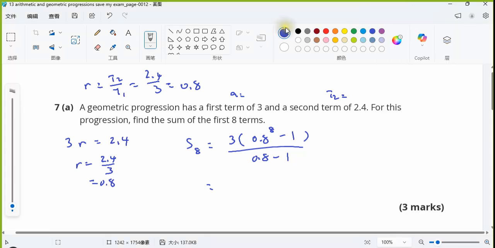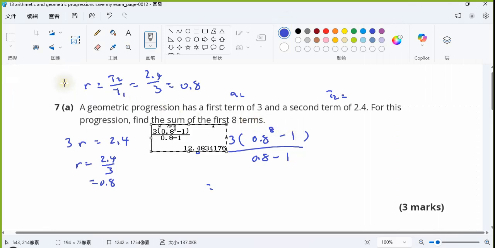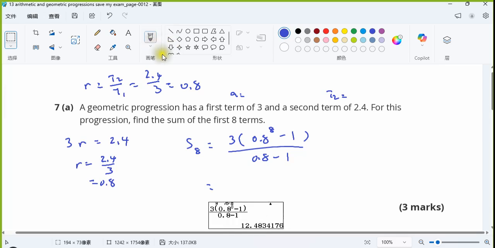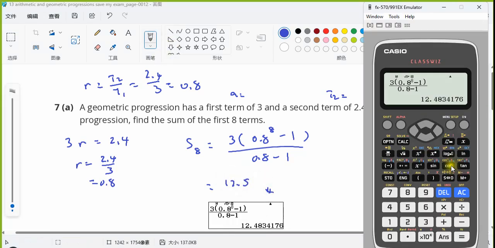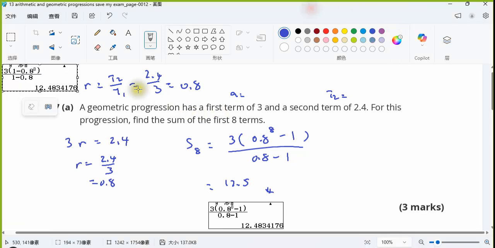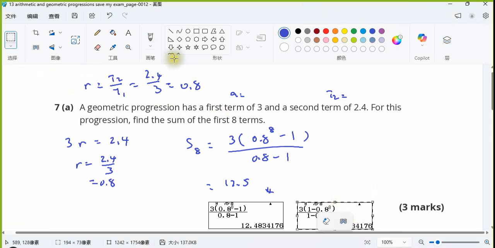Then we have 12.48. Okay, so this is 12.5. Actually for this we can use the other equation, that is 1 minus r power n over 1 minus r, and we will get the same answer as well.